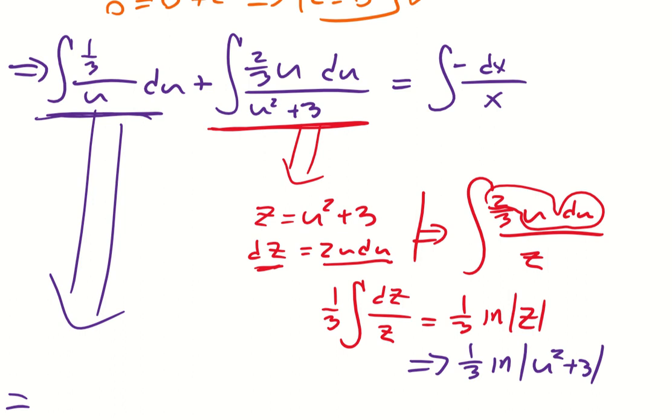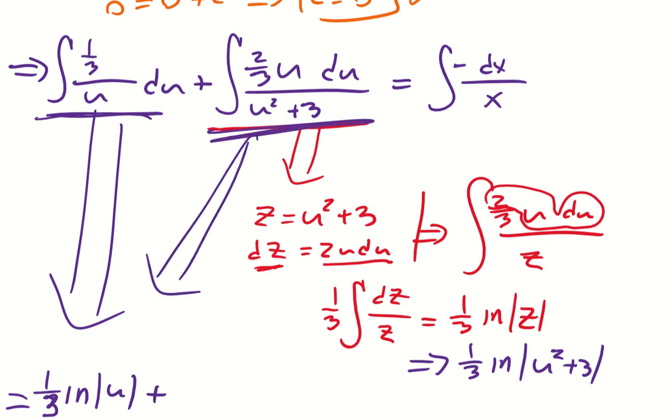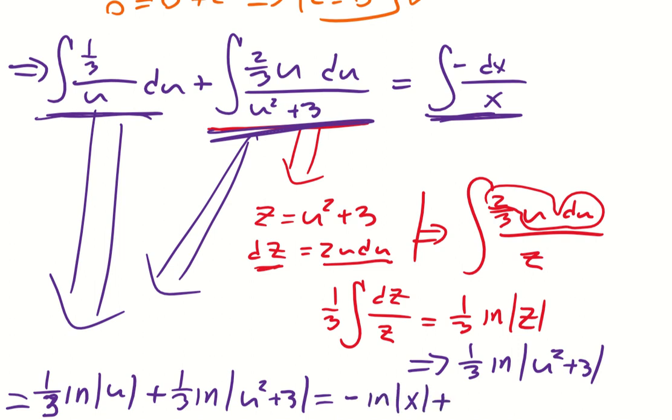So now let's get back up here and figure this out. So we have 1 over 3 times the natural logarithm of the absolute value of u plus, we figured this out, 1 over 3 times the natural logarithm of the absolute value of u squared plus 3, and the right-hand side is just minus natural logarithm of the absolute value of x plus some arbitrary constant I'll call c naught.